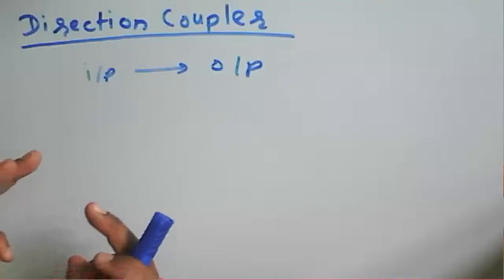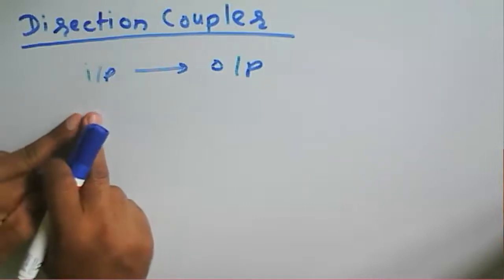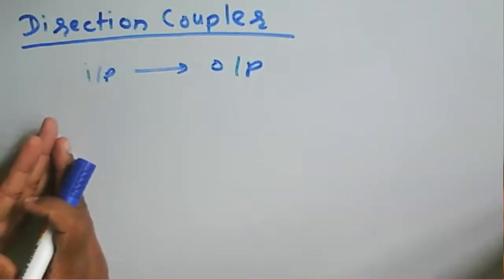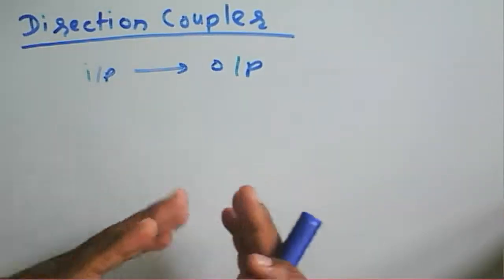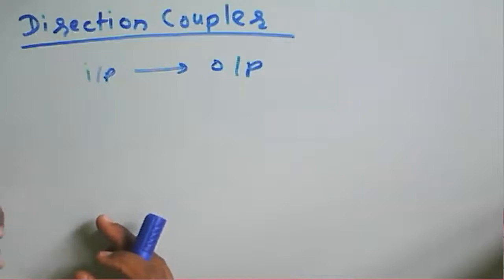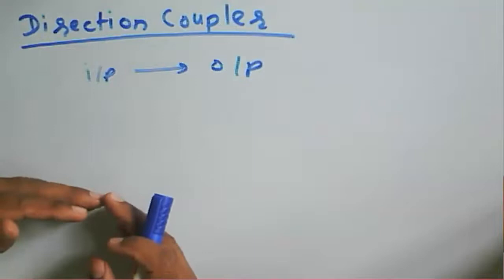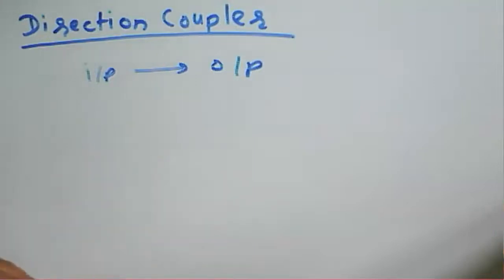Or, whichever input signal we provide to a port will be divided among other ports. Or if we provide input at two ports, the power will be added or divided. So this is about a directional coupler. But when we talk about the addition of power at two particular ports, we need to know the magnitude and phase of that particular signal.